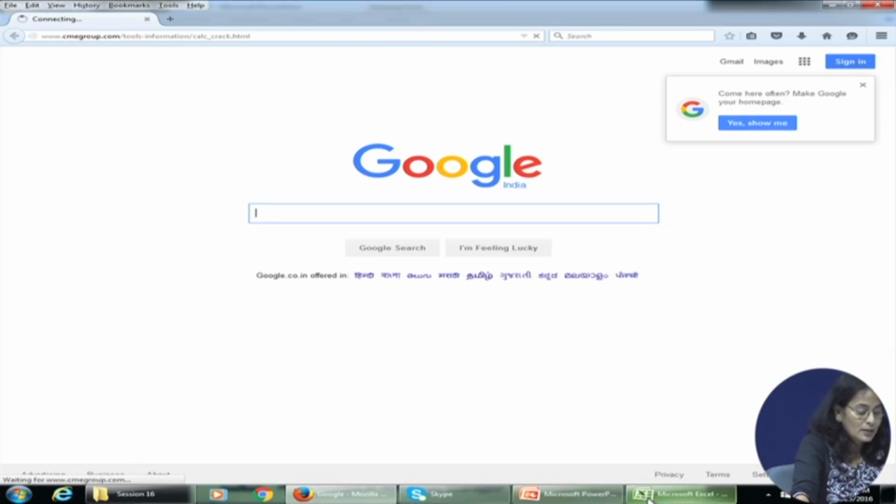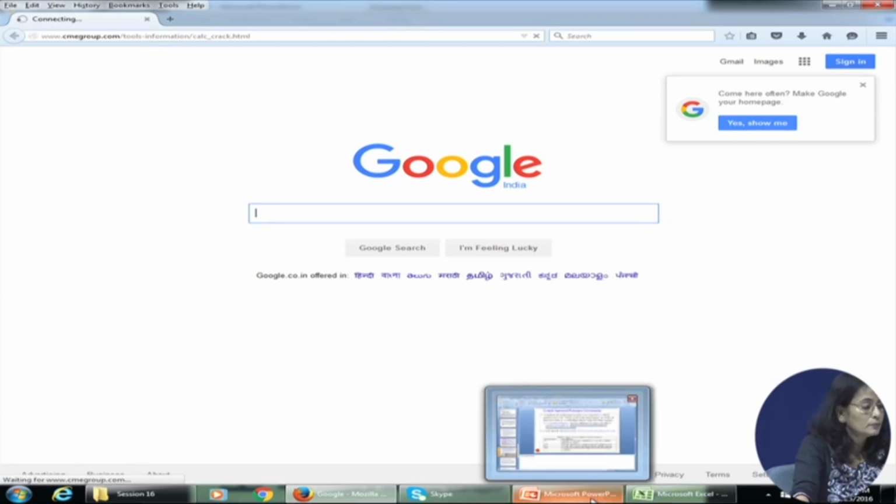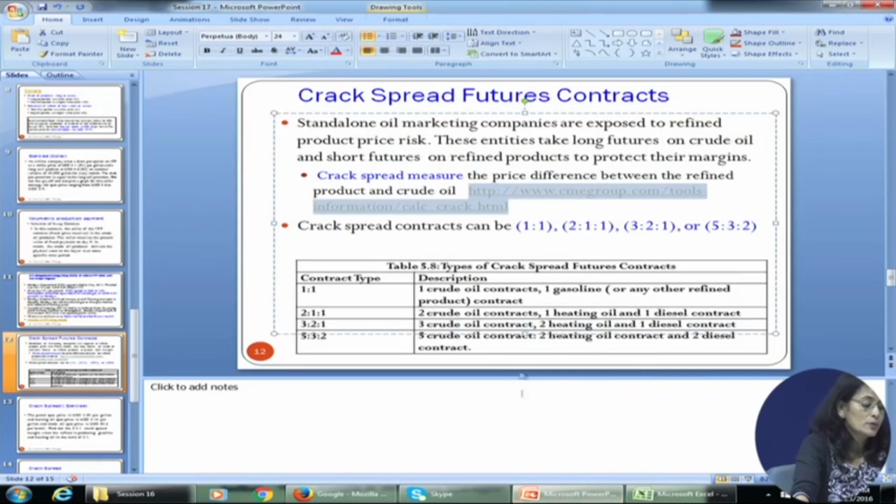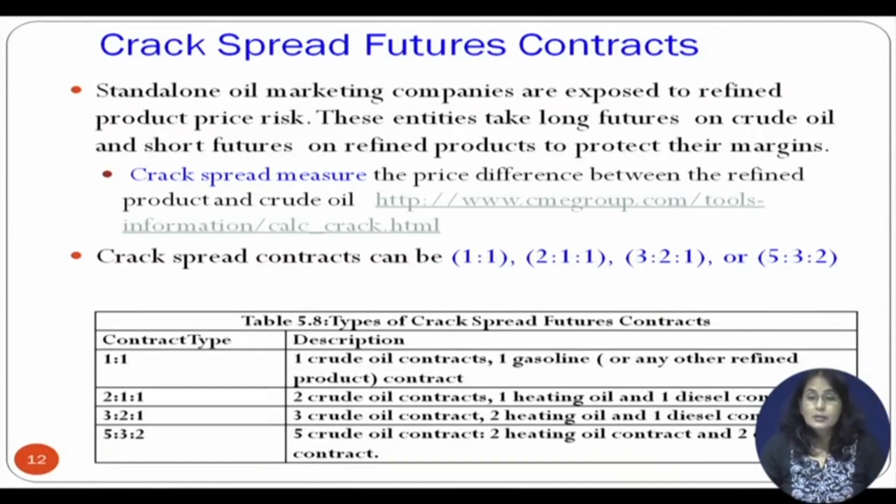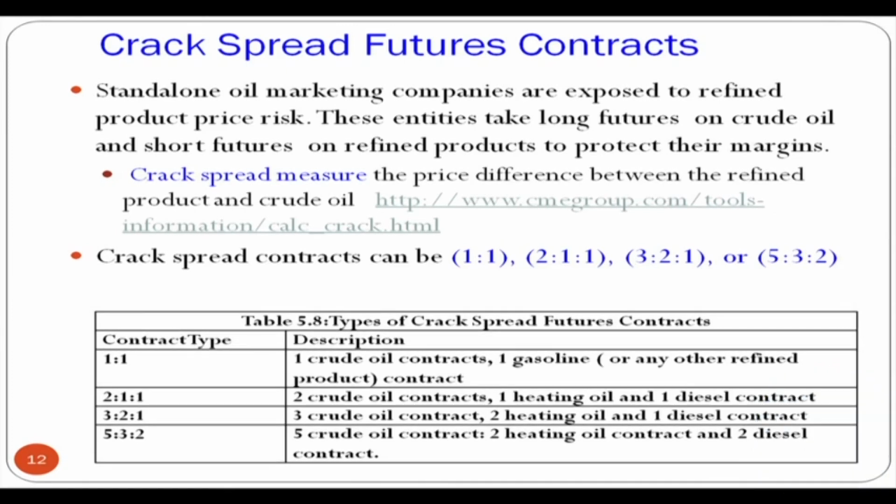Okay, in the meantime, it seems to be taking a little longer. So let's understand what we mean by 1:1 crack spread. Crack spread contracts can be 1:1 or 2:1 or 3:2:1. Let's say we take 2:1:1. So how do we calculate the crack spread?